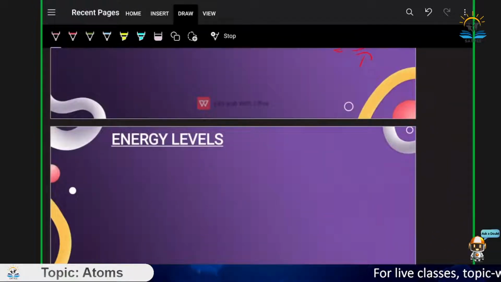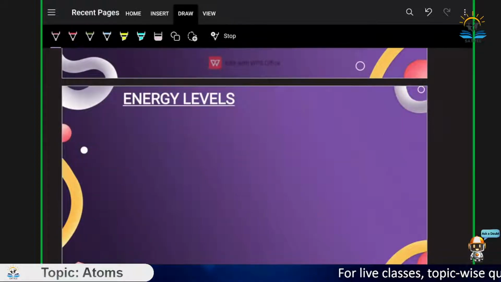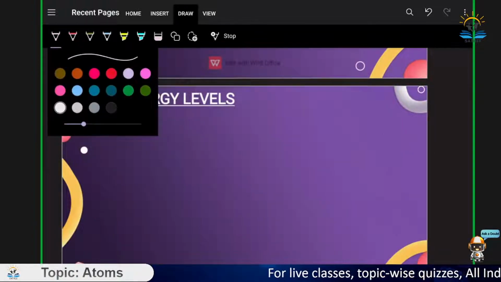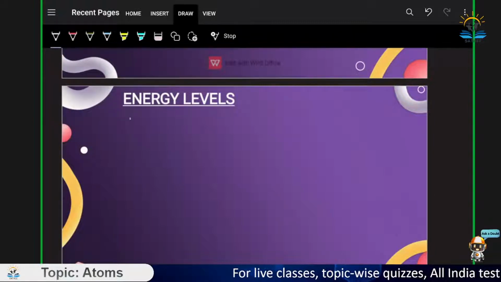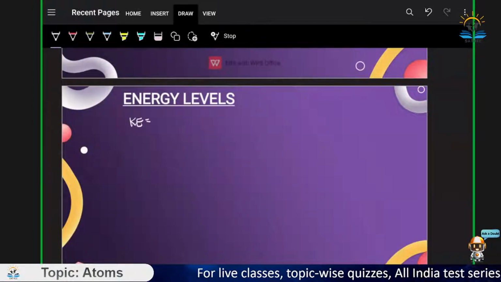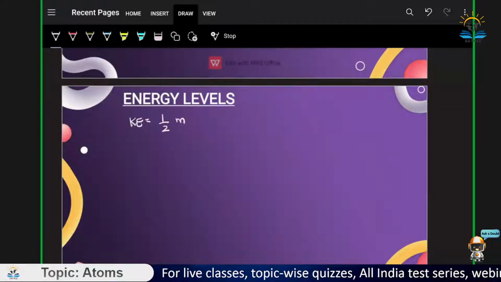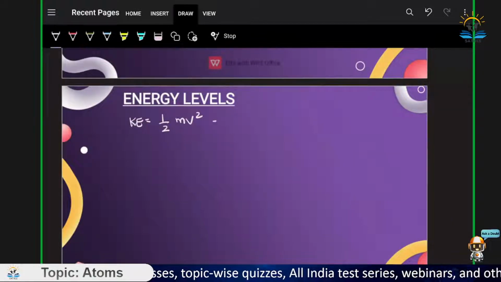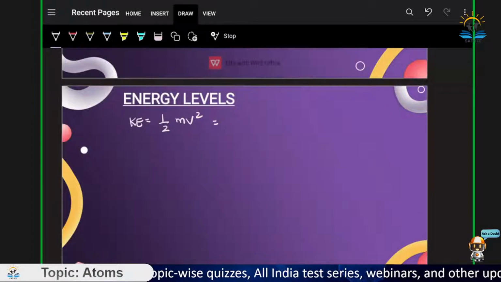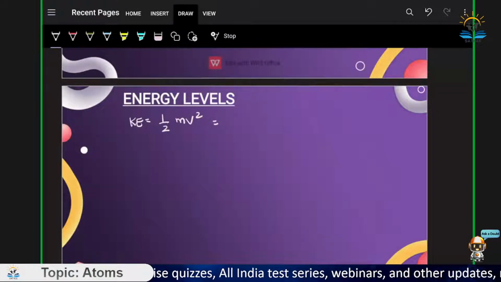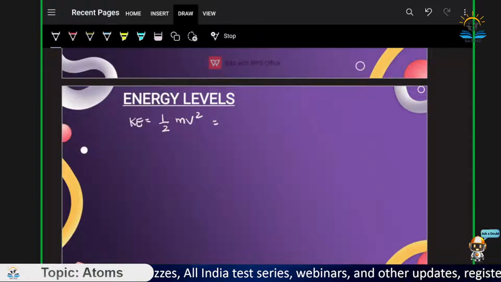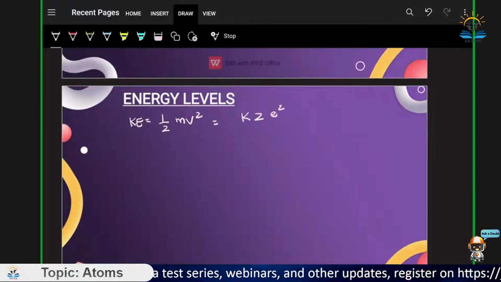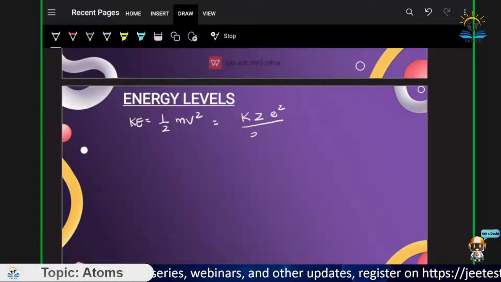Next, let's discuss energy levels. For that, we know kinetic energy equals half mv square. Putting the values for v, we get kz e square divided by 2r.